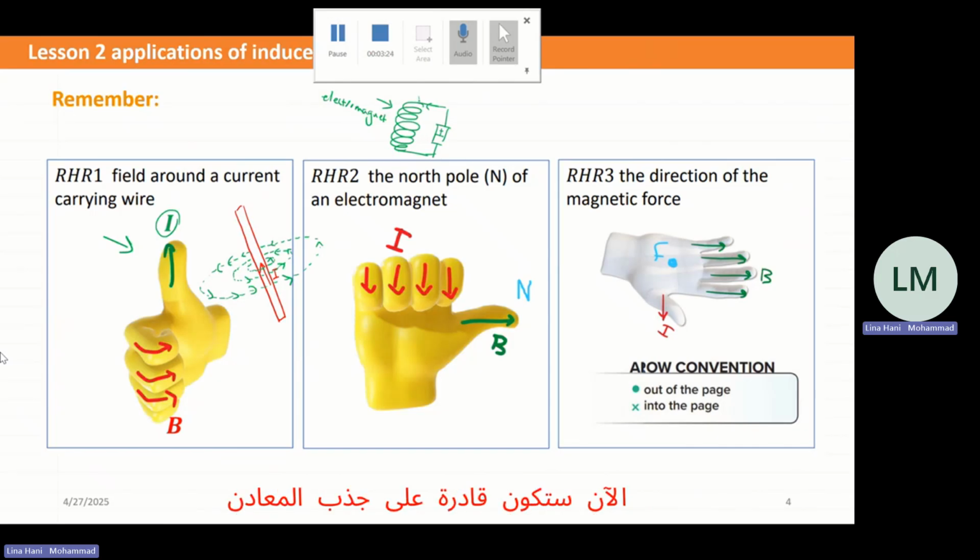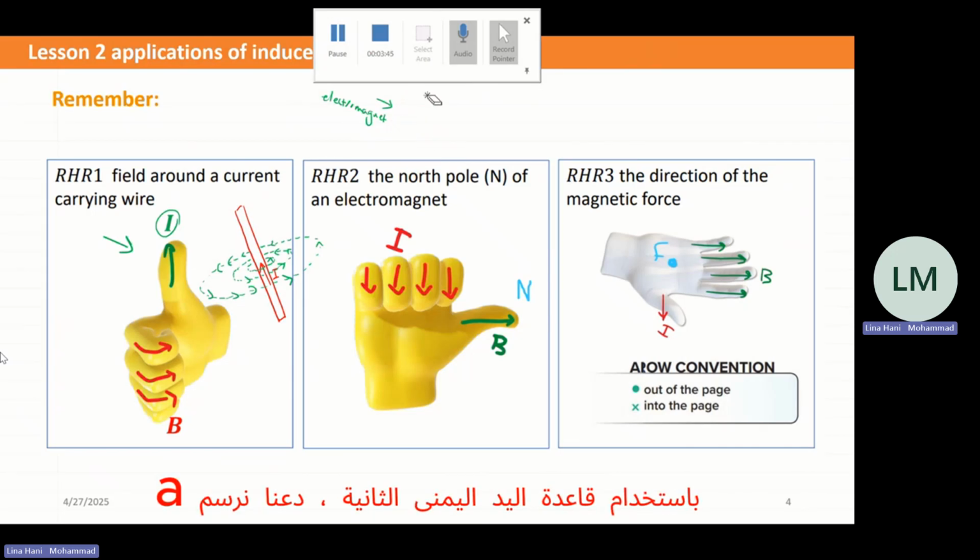Now it will be able to attract metal things like paper clips or nails. We learned how to find the north pole of this electromagnet. Remember, this is similar to a magnet with a north and a south pole. We learned how to find the north and the south pole of an electromagnet using the second right-hand rule.